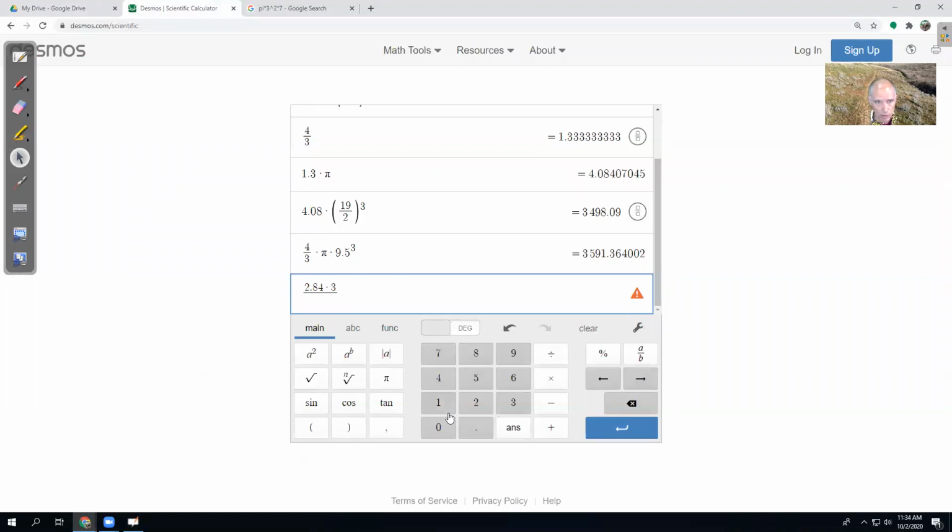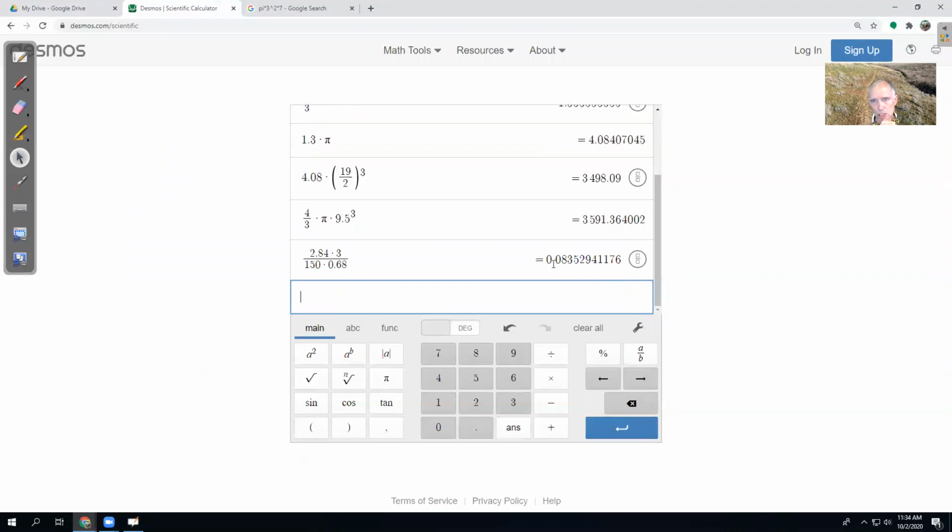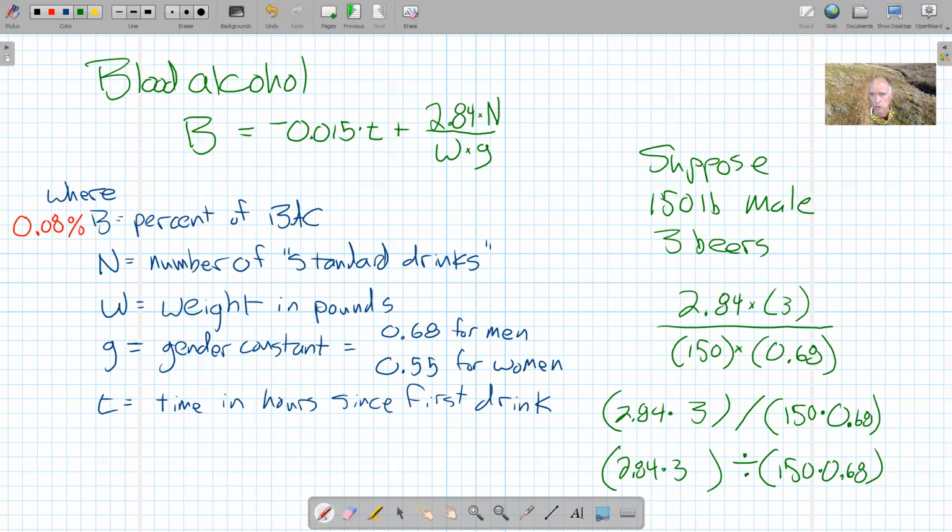This works similarly on a phone, and my denominator is 150 times 0.68. Let's see if I type that right. Yep, that looks about right. So Desmos says it's about 0.0835-ish. So according to Google, this is approximately 0.0835.